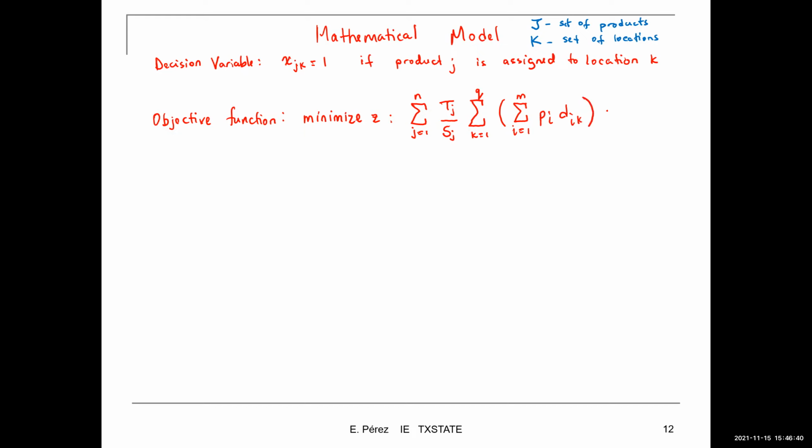And all that multiplied by the decision variable.